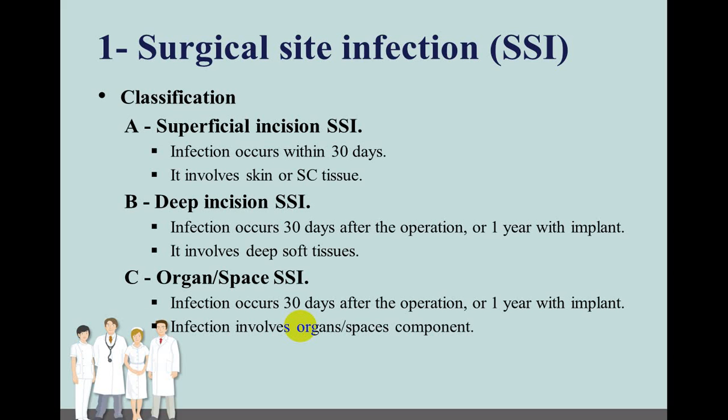Deep incision surgical site infection: infection occurs within 30 days after the operation or 1 year with implant, and involves deep soft tissue. Organ or space surgical site infection: infection occurs within 30 days after the operation or 1 year with implant, and involves organs, spaces, components.